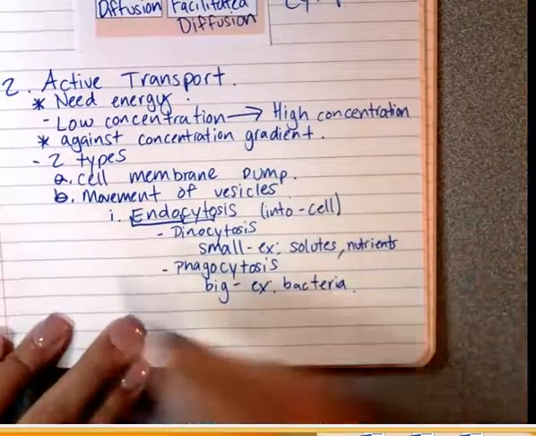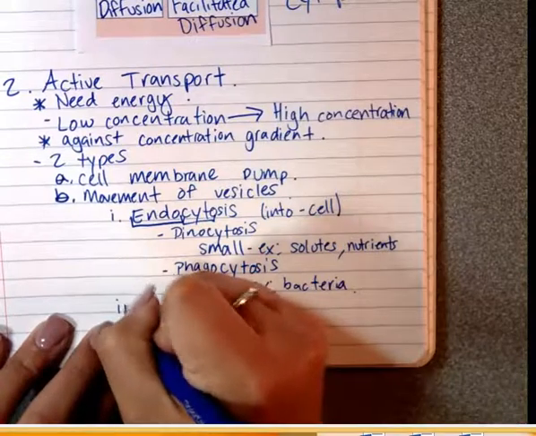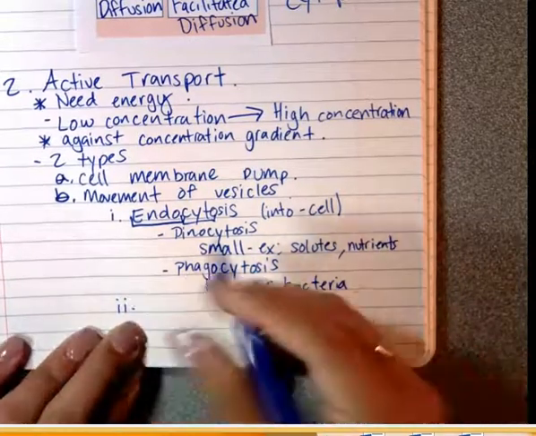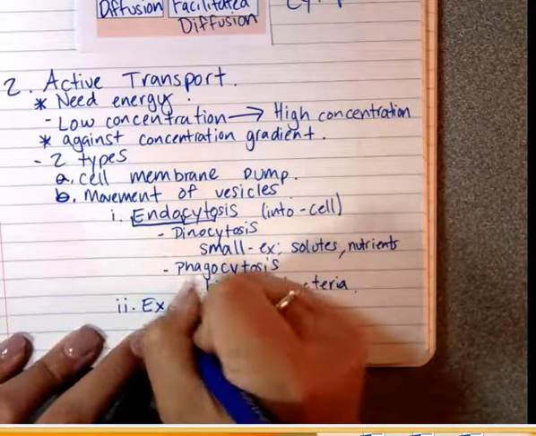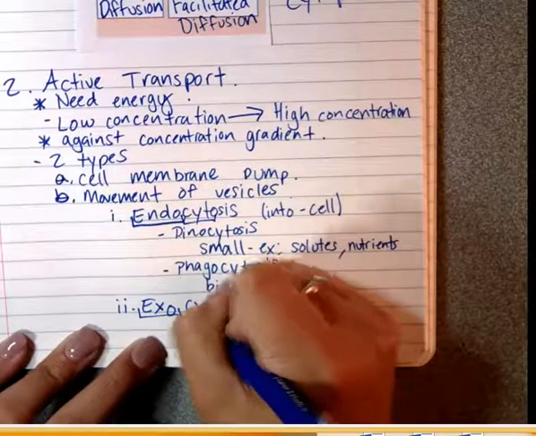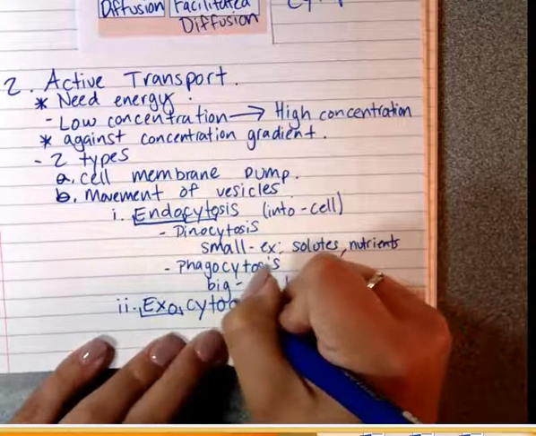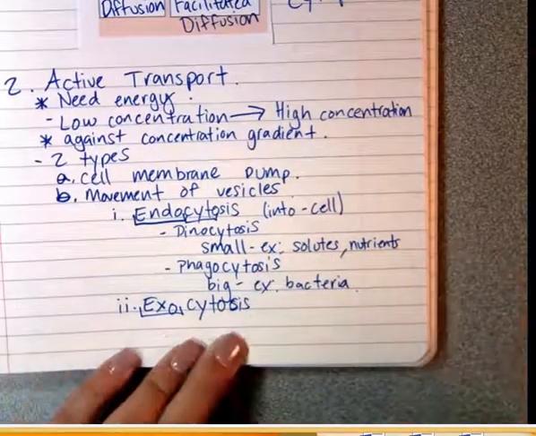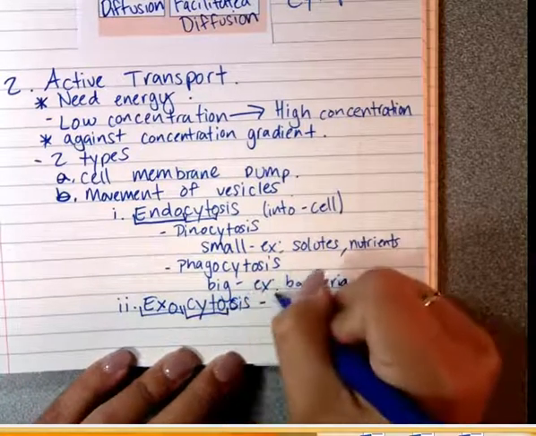All right, and then the other type of movement of a vesicle, so this is subtype 2, is going to be in the opposite direction, which is exo, which is out, cytosis, which is out of the cell.